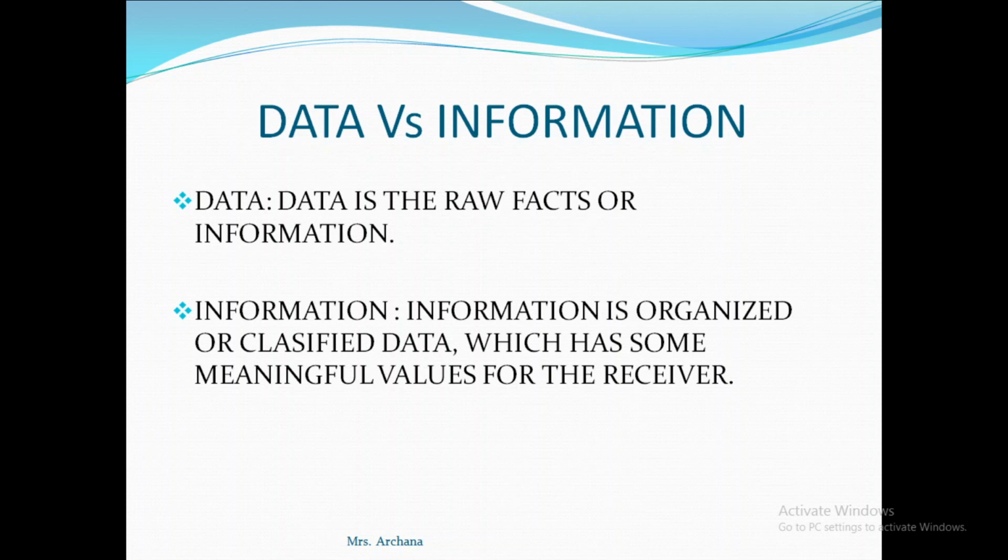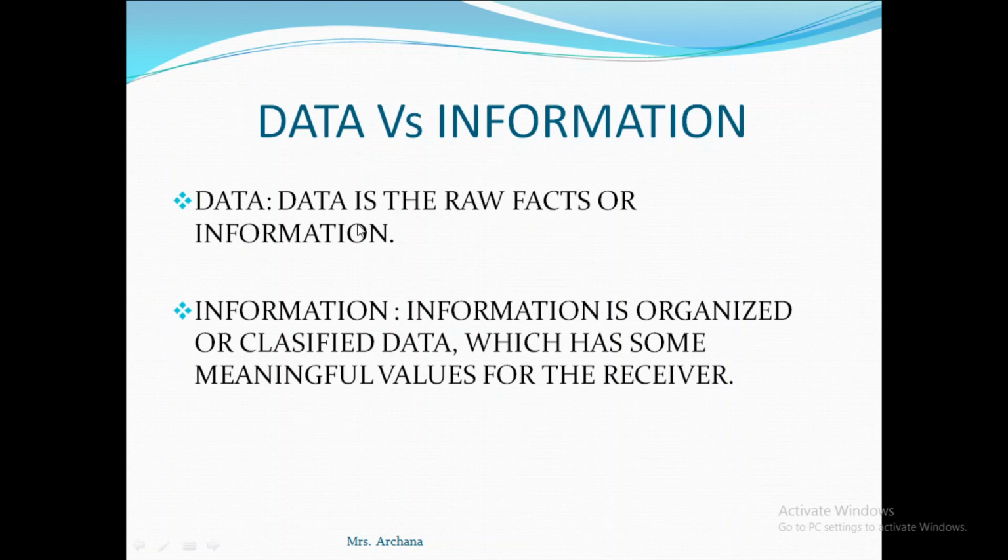Now we will see what the definition says. Data is the raw facts or information. That means the raw fact, that is 6 or 7, which in the example we have taken, is the raw fact. That means we don't know what will come after the processing.